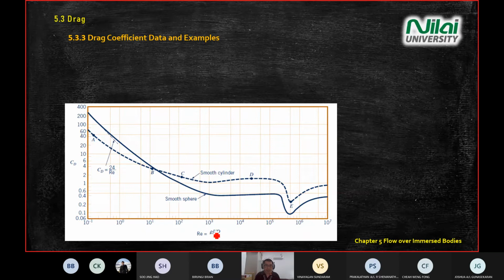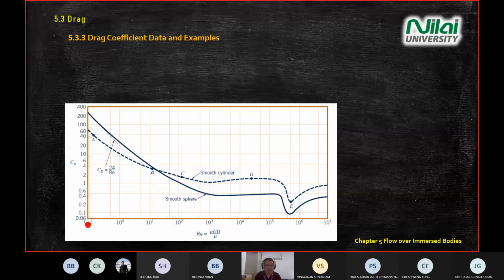Commonly, we refer to the velocity. Sometimes it can change through your rho, your diameter, or the viscosity. These are the 4 parameters that can affect your Reynolds number. But in general, for simplicity, we always use velocity to illustrate the statement.